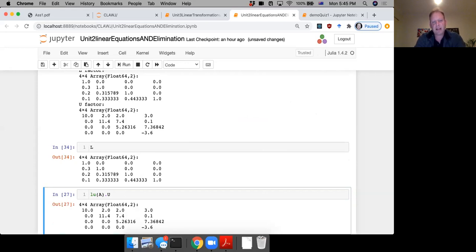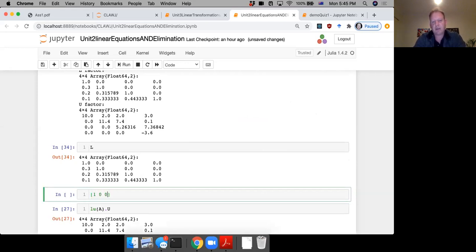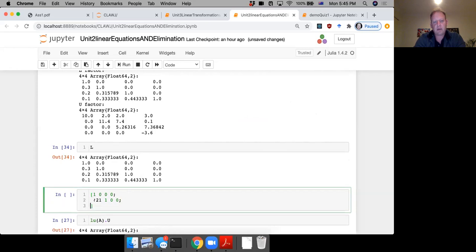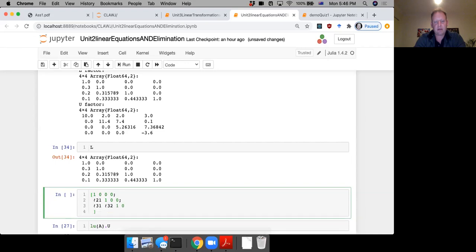So this matrix L, let's just construct it manually because that's what we did. All it has was L21, 1, 0, 0, L31, L32, 1, 0, L41, L42, L43, 1.